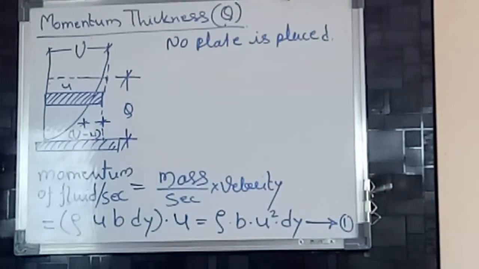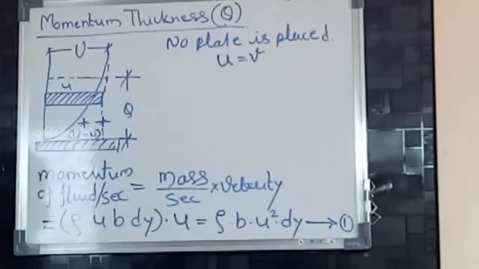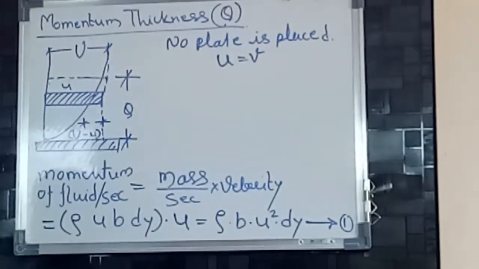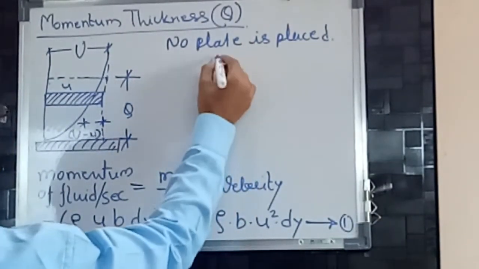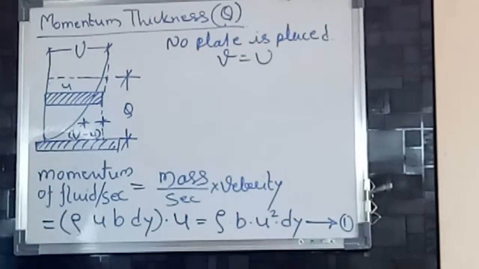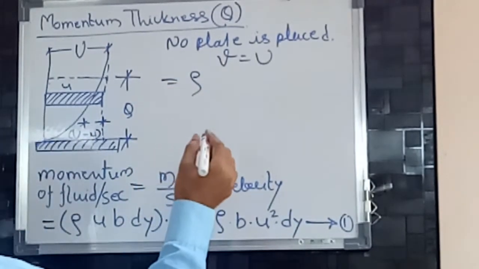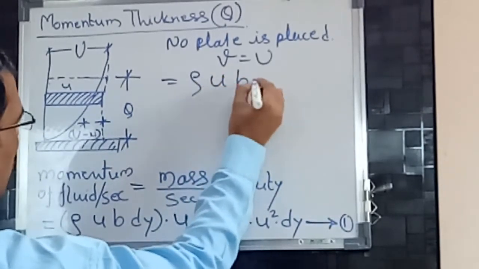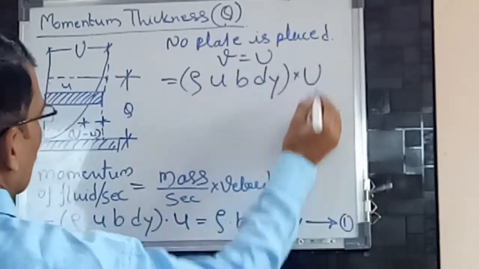At that time we'll consider small u equal to capital U. Then what will come? Rho u b dy into U.